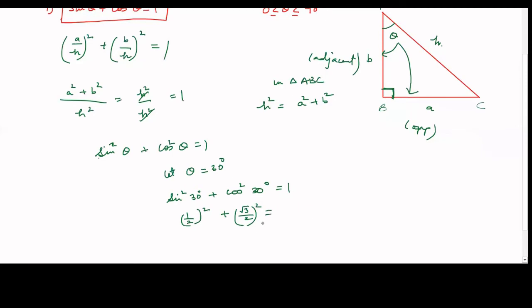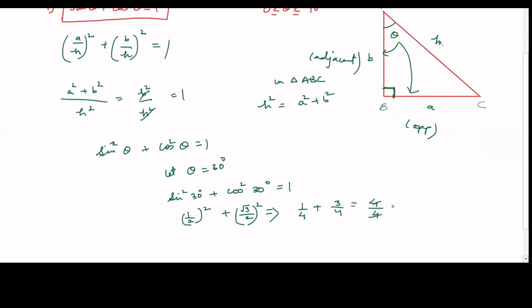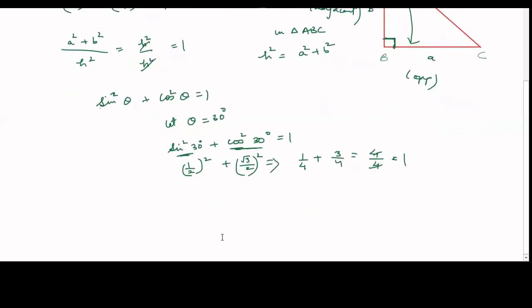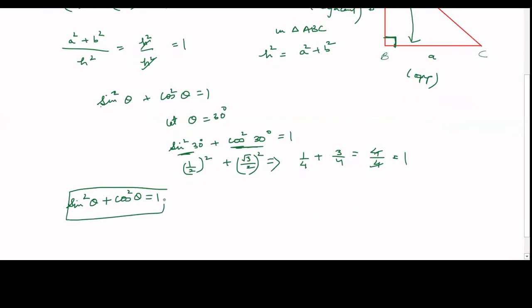So I'm getting 1 by 4 added to 3 by 4, which is 4 over 4, which gives me 1. So again, sine squared 30 plus cos squared 30 gives us 1. So this identity is true for all the values of theta: sine squared theta plus cos squared theta gives us 1.